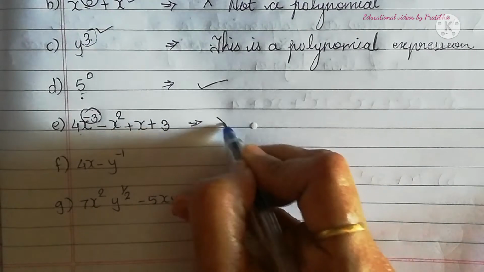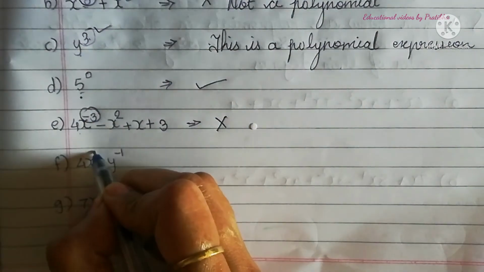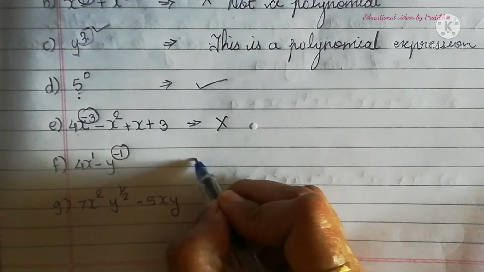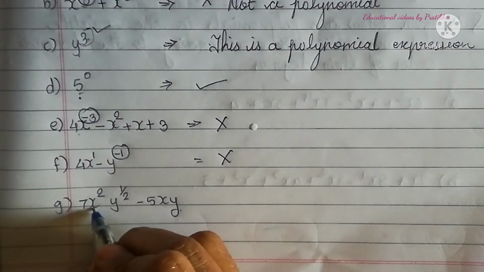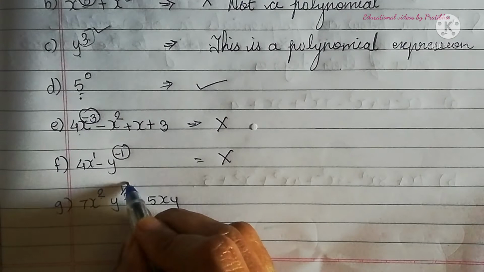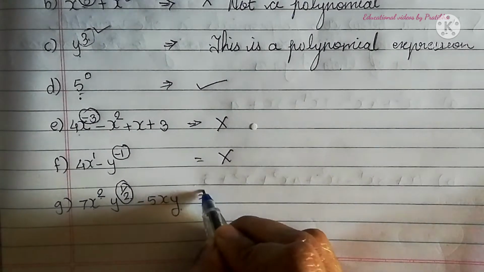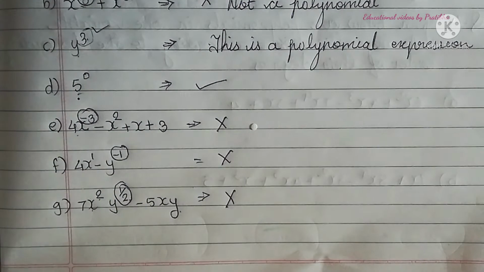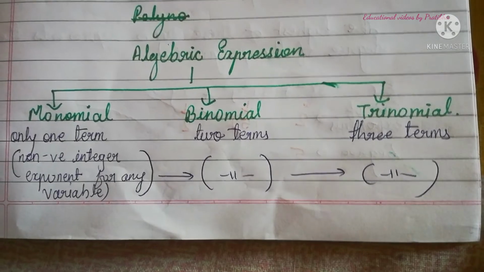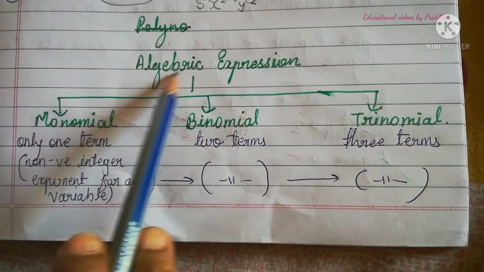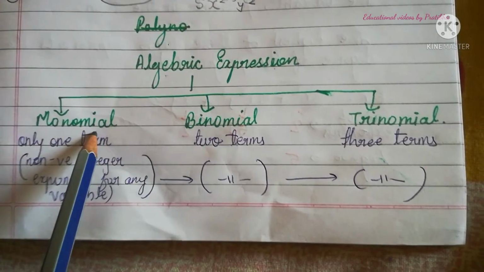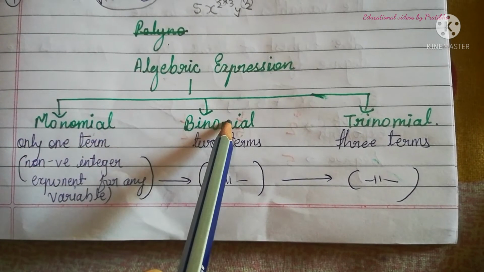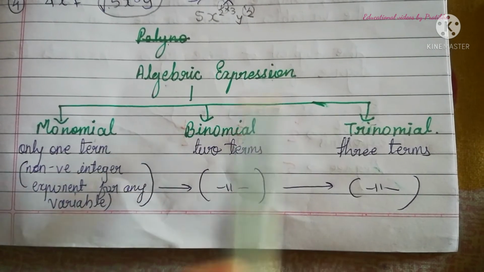Since the first term itself has a negative power, it's not a polynomial. Here also negative value, and here 4x square y to the power 1 by 2, the power is a fraction, so this is not a polynomial.